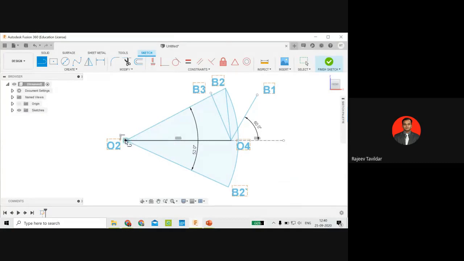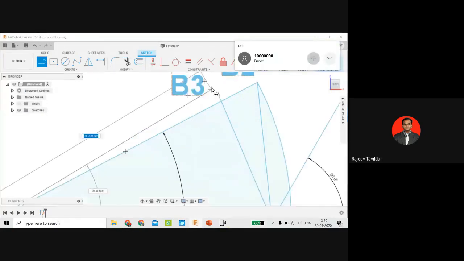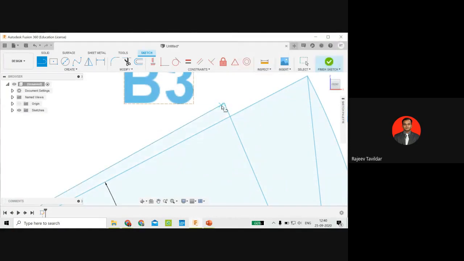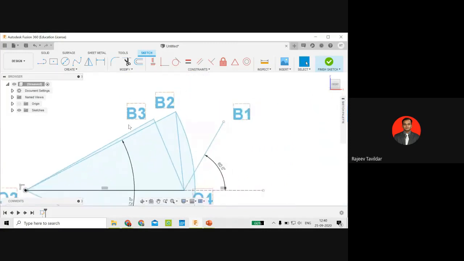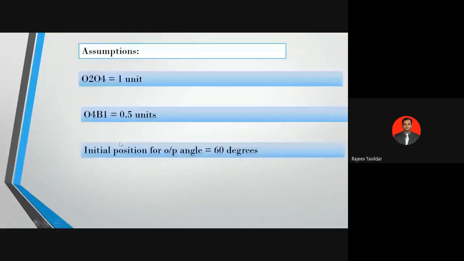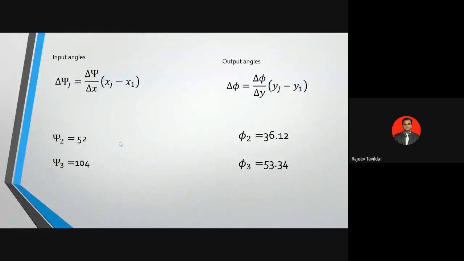I'll draw a line O2B3. This line O2B3, I need to rotate it back by psi 3. I don't know what is the value of psi 3. Let me check. Psi 3 is 104.